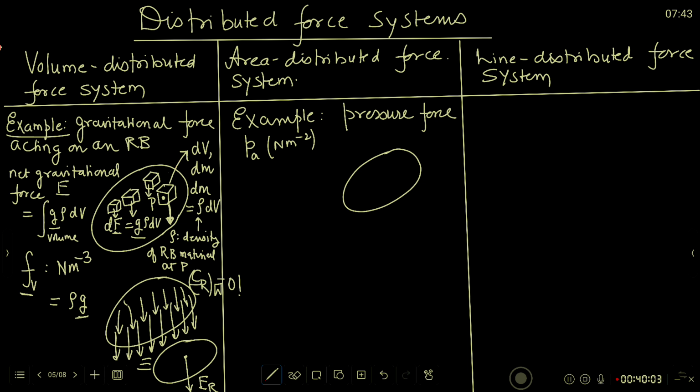Now if I go to a small area dA on the surface of RB, I can put an arrow and visualize a point force acting on that area, and that point force will be dF vector equals what?